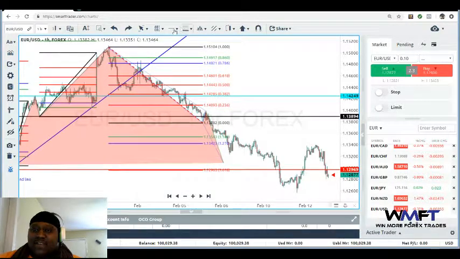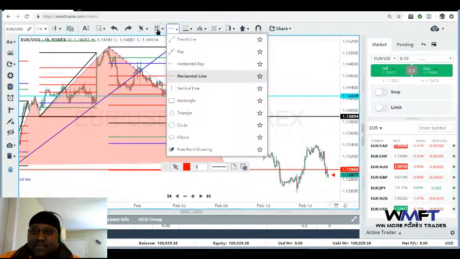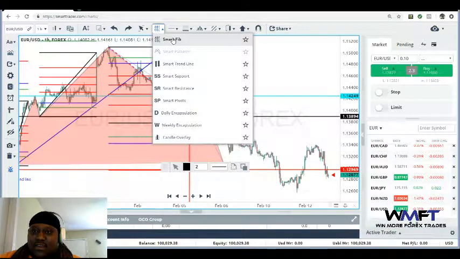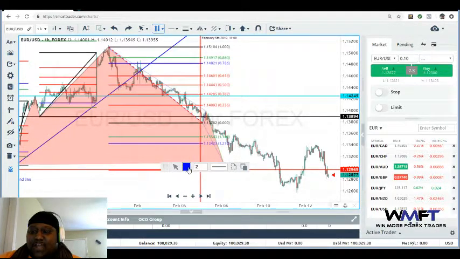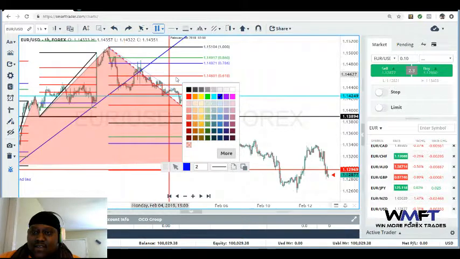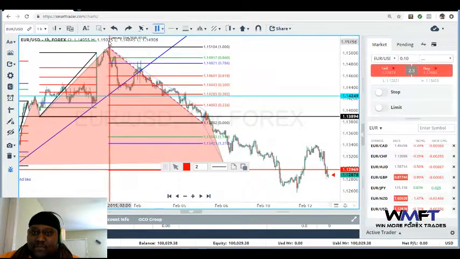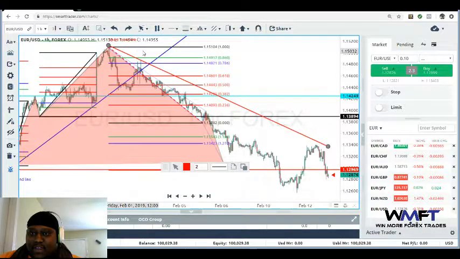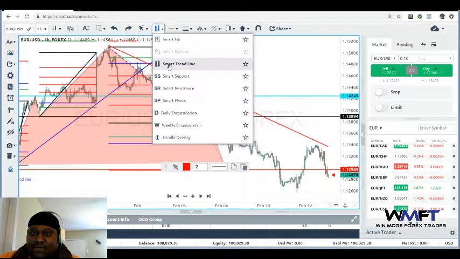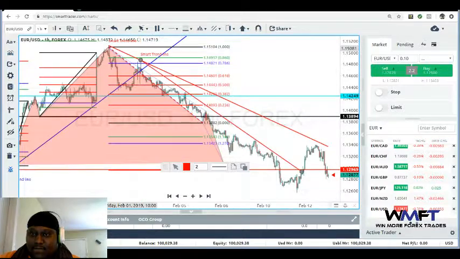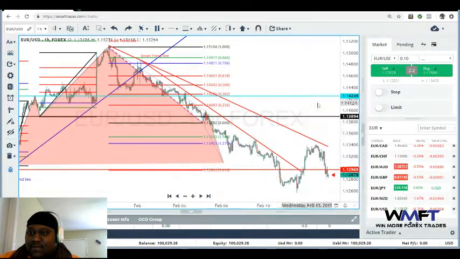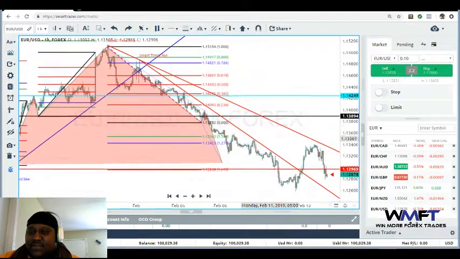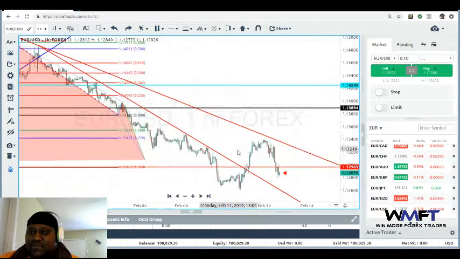So now that we've got that on the 1 hour time frame, let's bring in our downtrend lines, and let's gauge the 1 hour time frame. You can see right here this inner downtrend line was taken out.